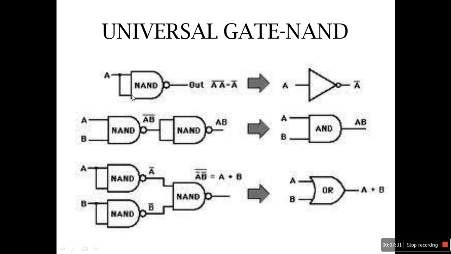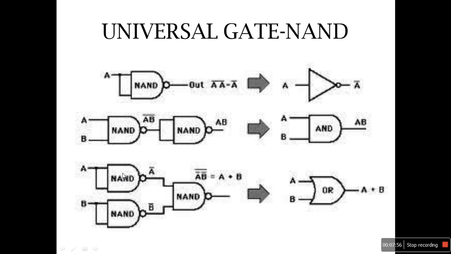Now, using only NAND gates, if I want to construct a NOT gate, generally a NAND gate takes two inputs A and B, but I'll pass only one input and it will produce the output A bar. If I connect two NAND gates continuously, I get the same operation as an AND gate.